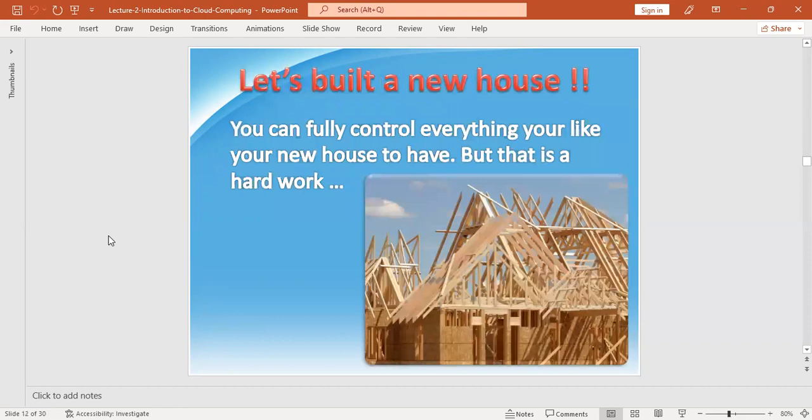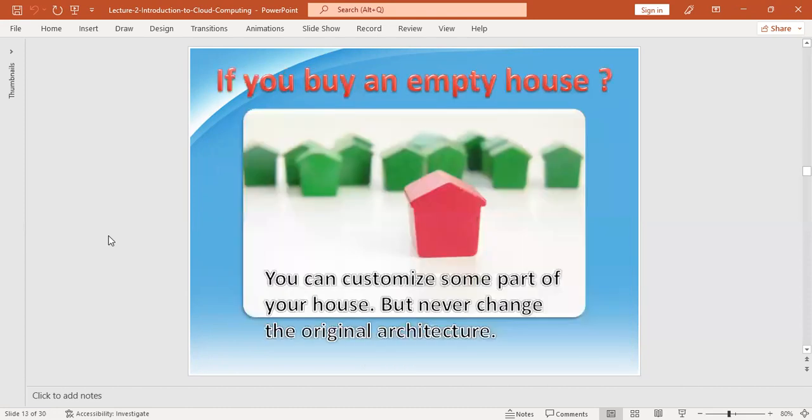The first option is I can build my own house. I can have everything, but for this, obviously I need to work hard. The second option is I can buy an empty house on a rental basis, and I can customize it as per my own requirement.